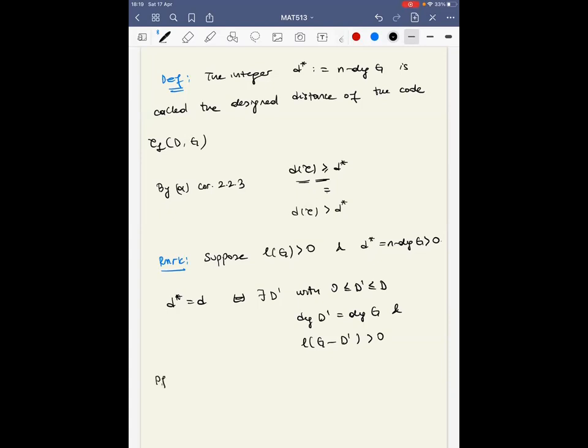And indeed, in order to see that, first let me suppose that our minimum distance is exactly this design distance.